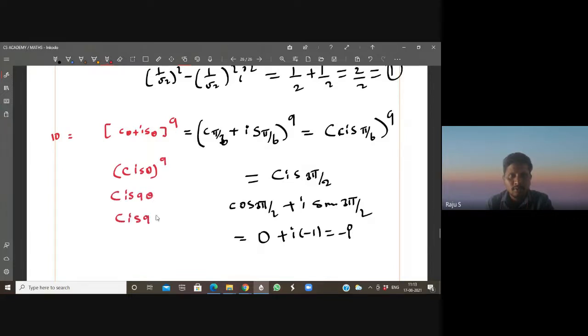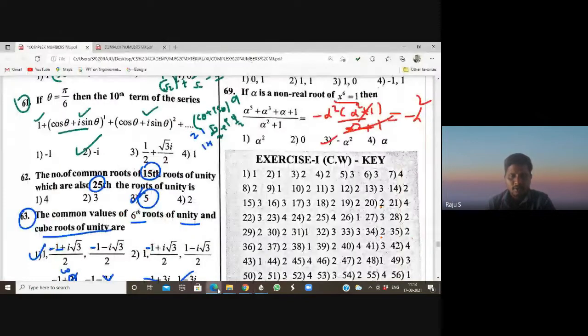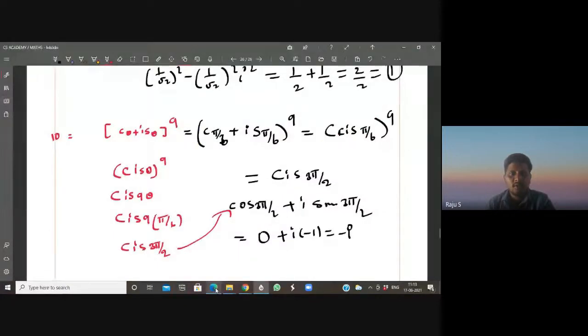Cis 9 into theta value, which is pi by 6, that is cis 3 pi by 2. I have written this cis 3 pi by 2 like this. So this De Moivre's theorem is very, very useful to us. De Moivre's theorem, right?